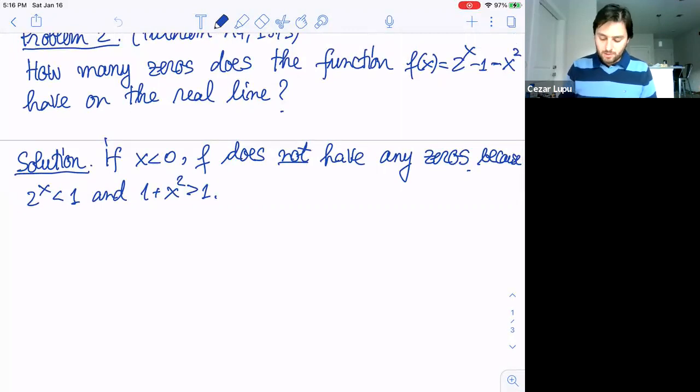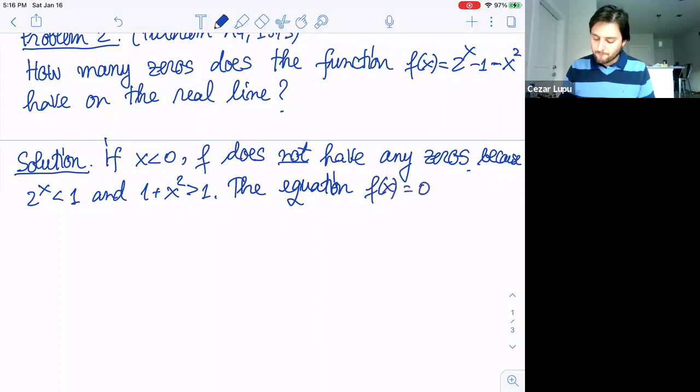Well, if you look at the equation f of x equals 0, it has solutions, let's see, x equals 0. Does it have x equals 0? Well, sure it does. What other? 1, all right, great.